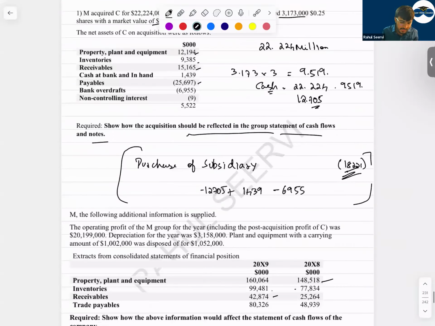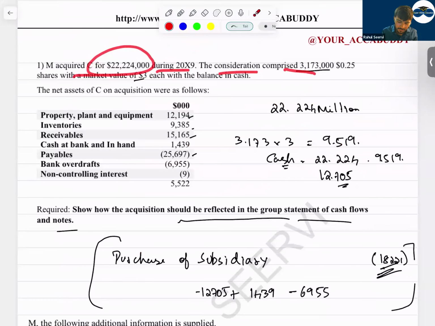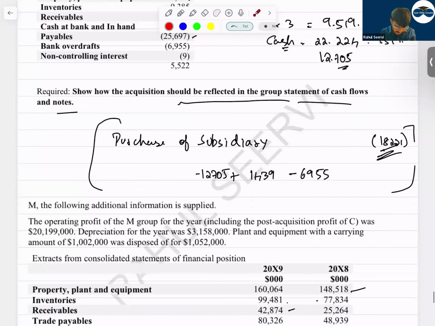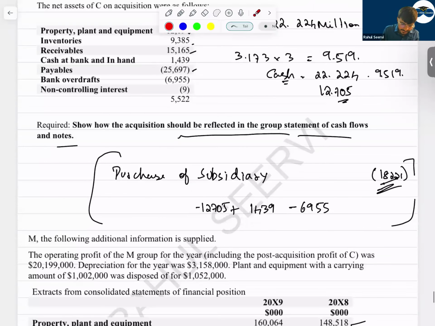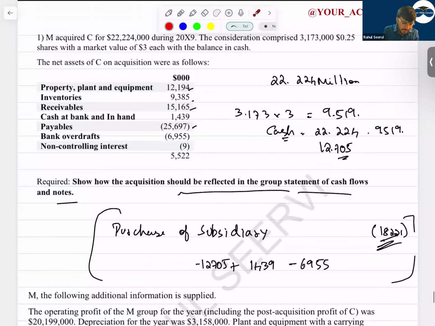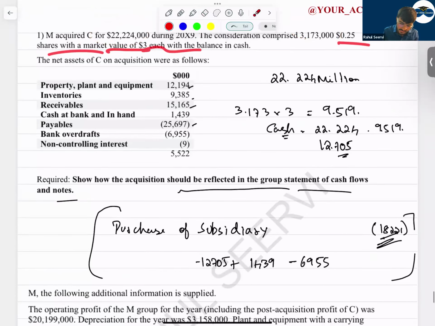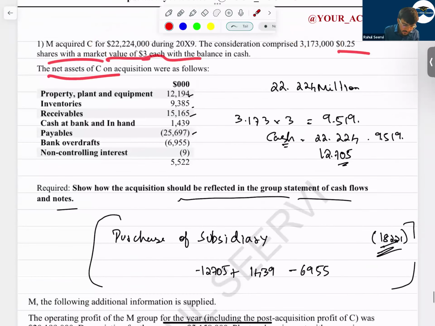M acquired C for this value, with the consideration included. What is the payment made? This is the question. So they are acquiring the company for this much, the consideration is this much, and the share value is given. Then the net asset of C company is given.